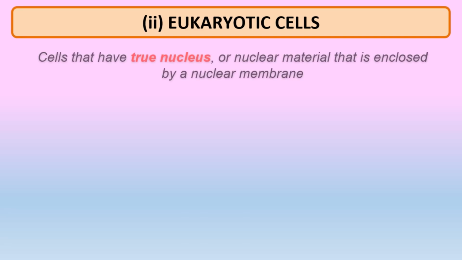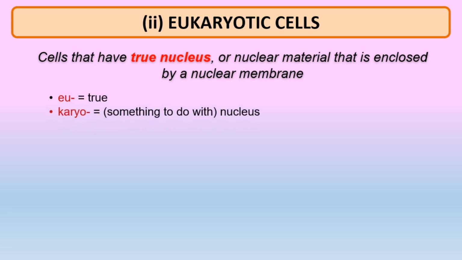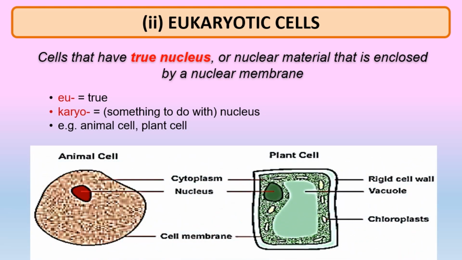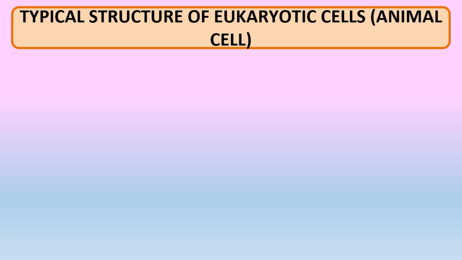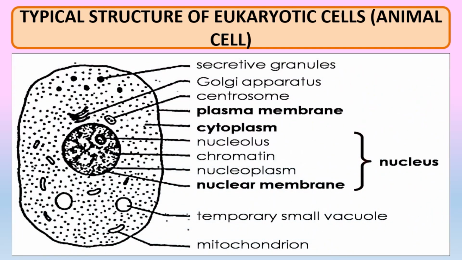A eukaryotic cell is a cell that has a true nucleus. Typical structure of a eukaryotic cell for an animal cell.